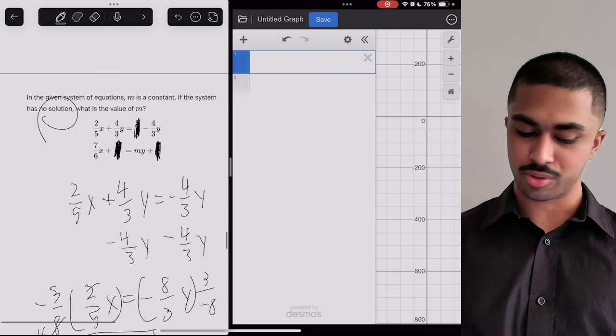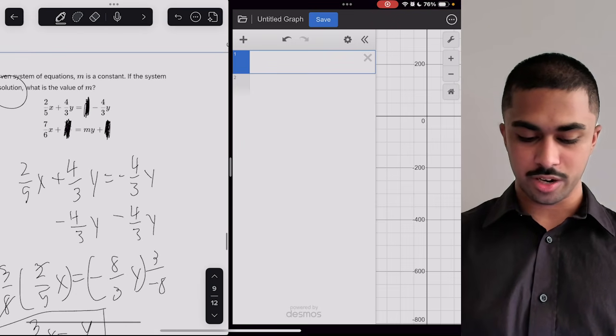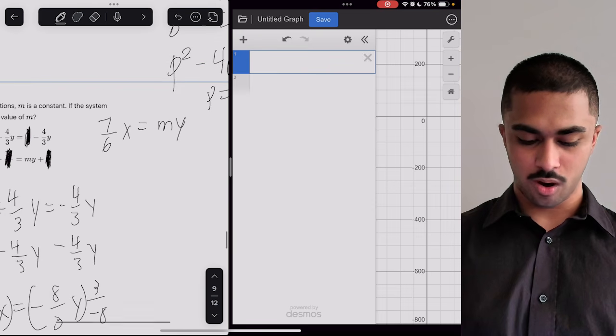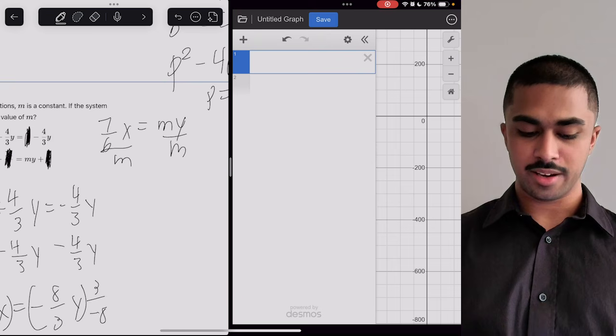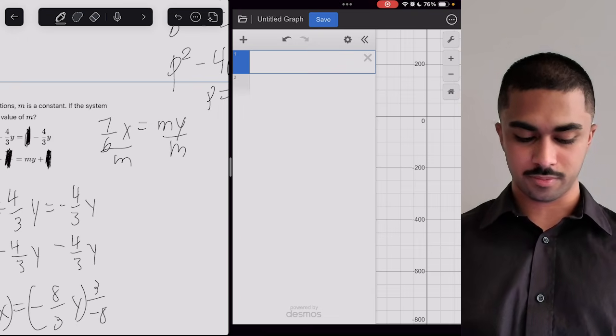We don't need the constants because we're just setting the slopes equal to each other. The second equation is going to be 7/6 x equals my. If we divide both sides by m, anytime we divide by something, we're just multiplying by its reciprocal.